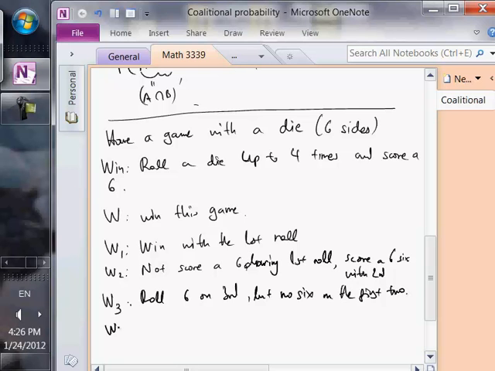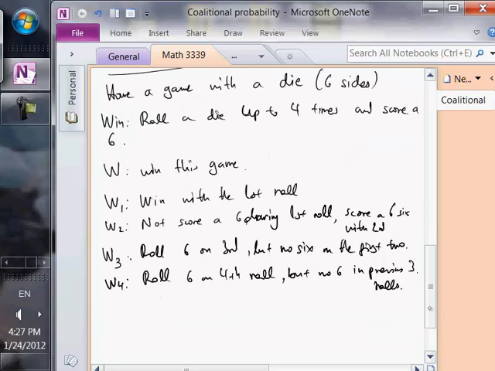And finally, W4 is a 6 on the fourth roll, but no 6 in the previous 3 rolls. Okay, now you understand that W can occur in one of these 4 ways: W1, W2, W3, W4. These are the only ways W can occur.